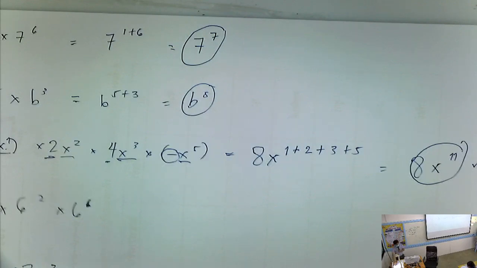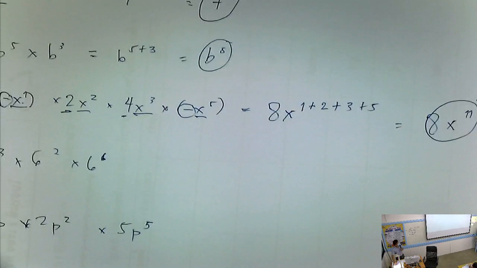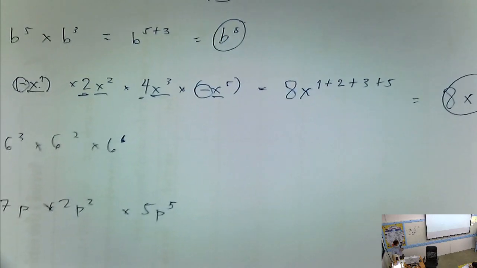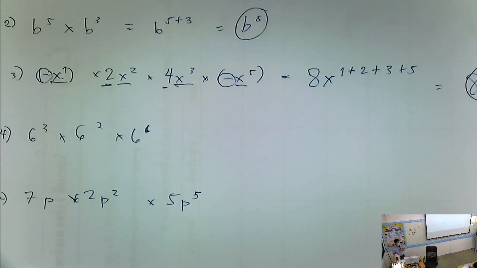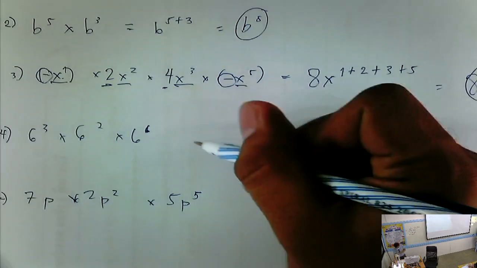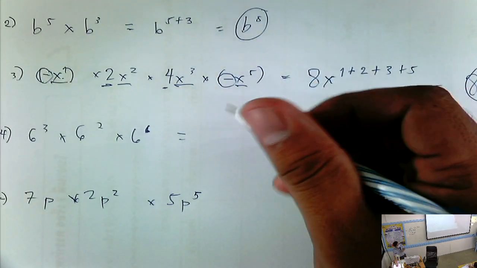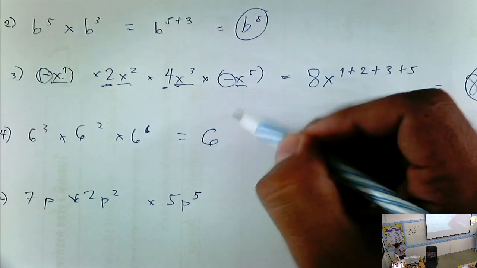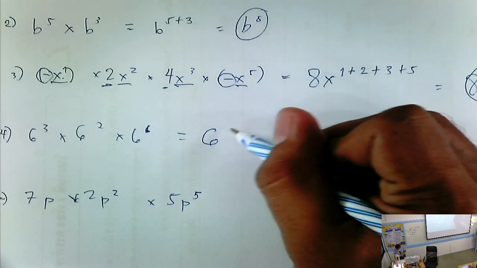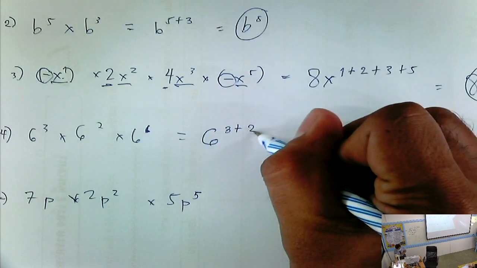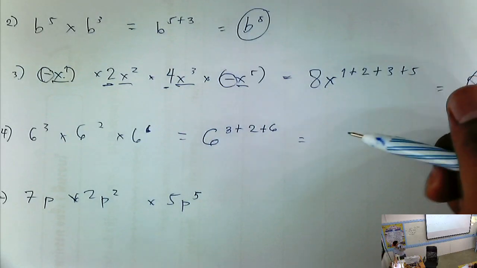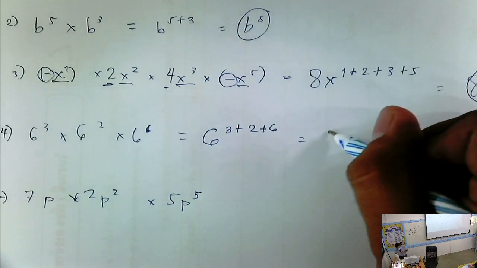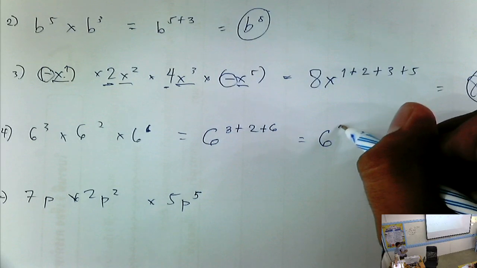Who got it right? Okay, very good. Next, number 4. 6 to the power of 3 times 6 to the power of 2 times 6 to the power of 6. Since they all have the same base, that would be 6 to the power of 3 plus 2 plus 6. And what is the answer? 6 to the power of 11.